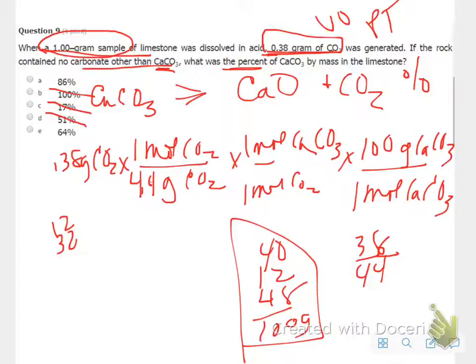And 38/44 is going to give me a little less than a gram, right? So let's say it's 0.9 or so of a gram. And if I started with a 1 gram sample, I'm going to want something that is close to 90%. And the only thing that comes close is 86%. So that's going to be your answer.